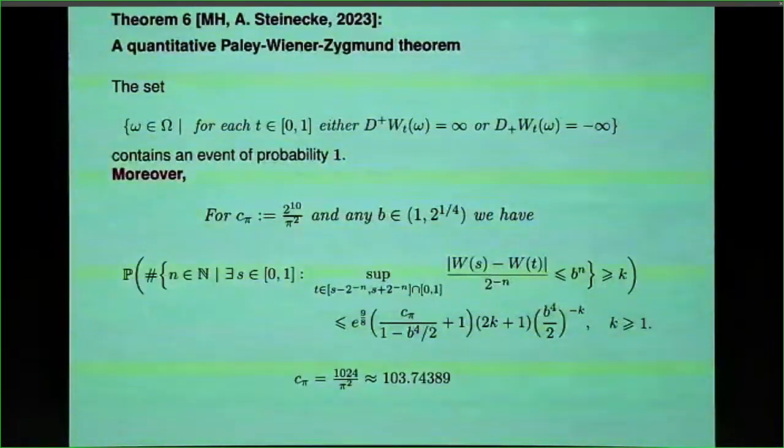You have the Paley-Wiener-Zygmund theorem. Classically, it tells us that the set of omegas such that the right Dini derivative and the left Dini derivative are infinity or minus infinity contains an event of probability 1. If you look at the approximation in the proof, how this is done, this is a dyadic repartition, and you look at the approximation of the difference quotient, and you allow this to grow even exponentially, with a power of 2 to the 1 quarter.